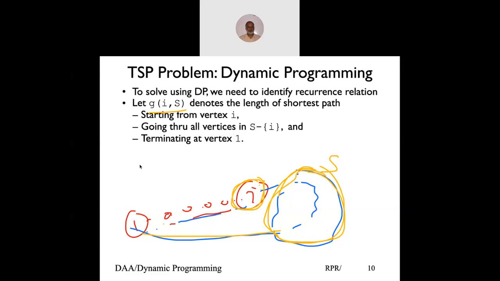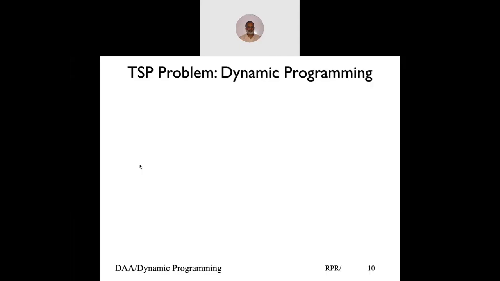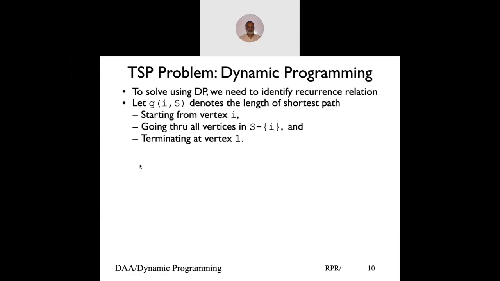We don't want to visit these. S is the remaining vertices. If we are at I, we are remaining with S minus I. So starting from I, we come back to vertex 1, and this indicates G(I, S).